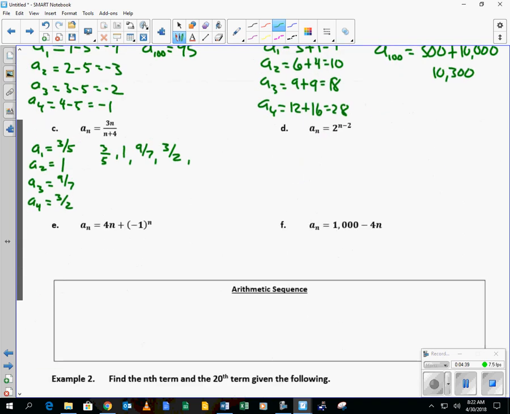But the third sequence, that would be remarkably challenging to go the other way, wouldn't it? Very difficult to come up with that. We do know that a sub 100 is going to be 300 over 104, which if you divide by 2, you get 150 over 52, and divide that by 2, and you get 75 over 26. So that'll be the 100th term.